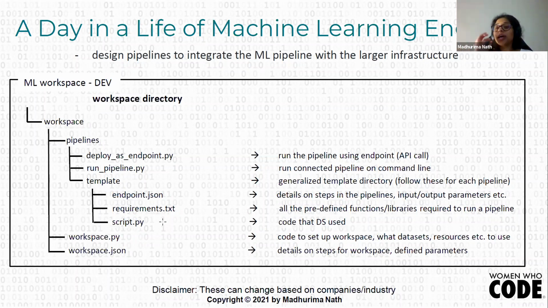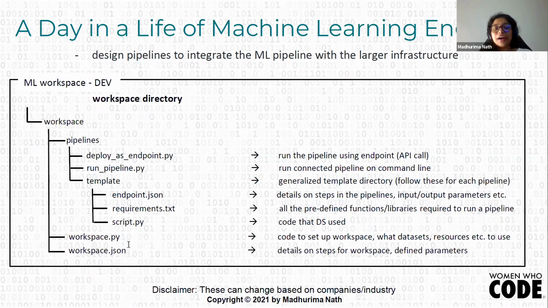You found the mean and then cleaned up and rewrote the name. You changed the format. So all of that would go here. And as I said, you need to set up the workspace as to what kind of data set you need to use, what compute resources you need to use. So that would go in workspace JSON and workspace pipe.